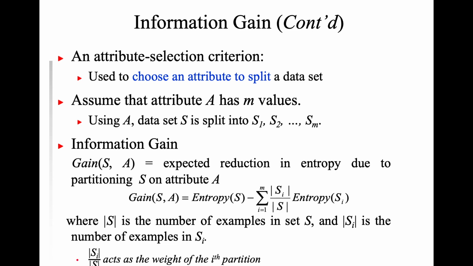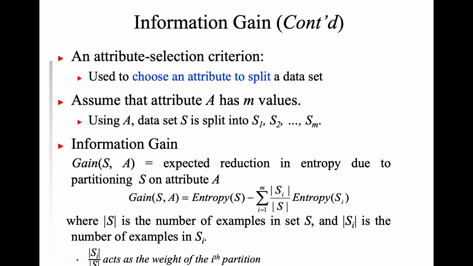So we have data, for example, when the outlook is sunny, we have 5 instances here. If the outlook is overcast, we have 4 instances here. And if the outlook is rainy, we have some instances here. But the M is the number of distinct values that the selected attribute has.